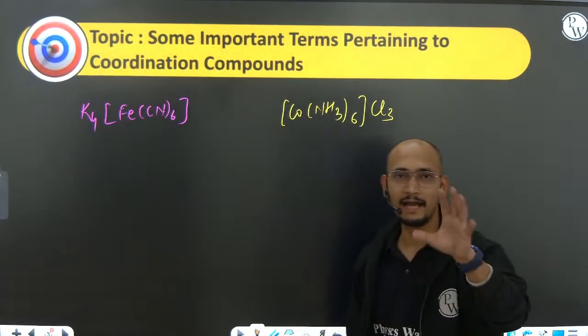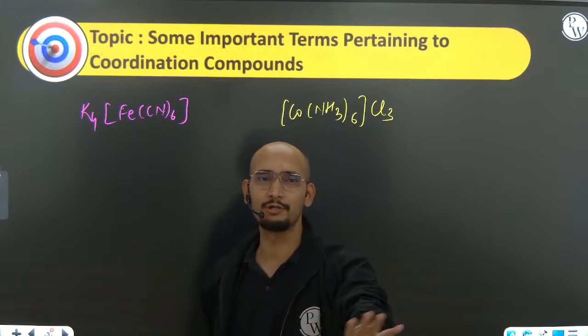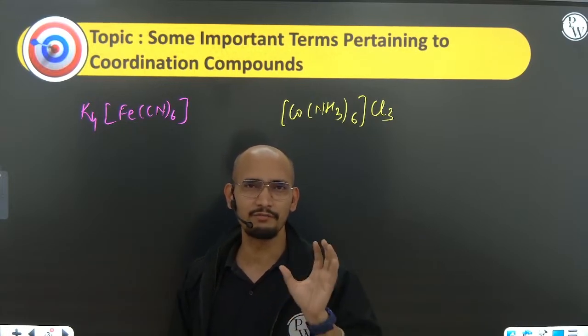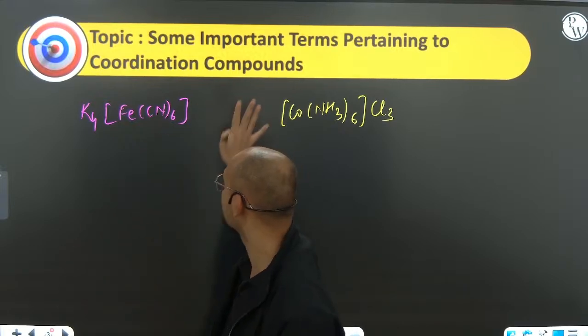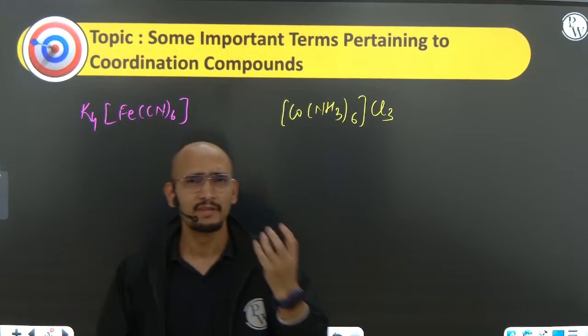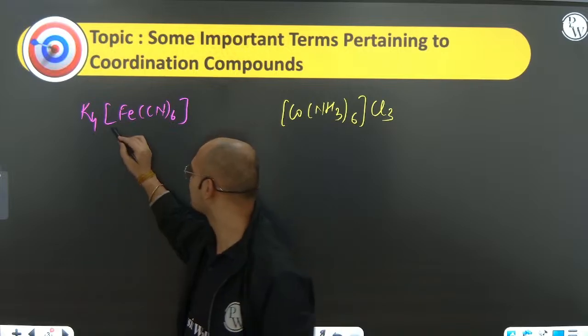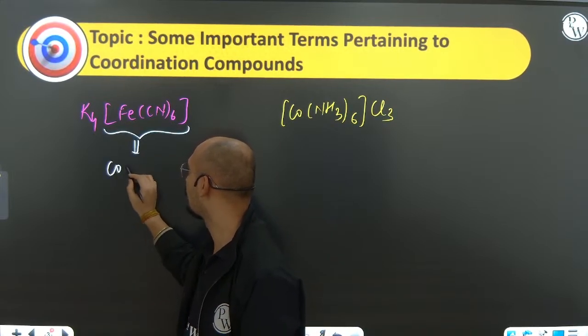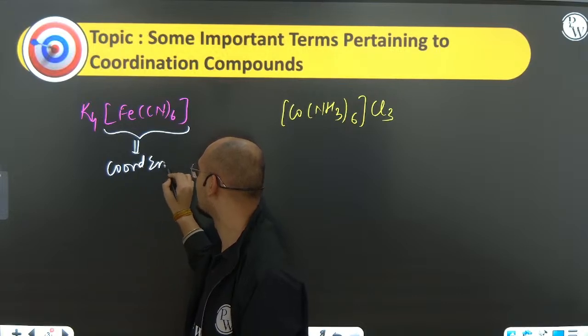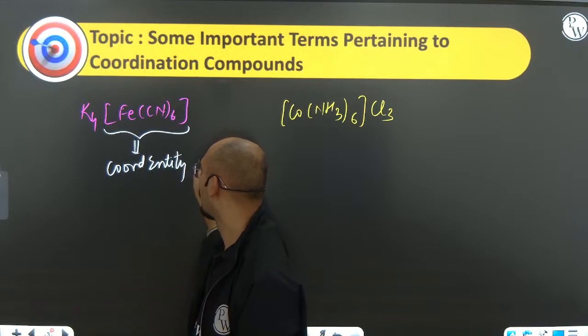I'm not going to talk much about the theories, the basics of Werner's theory, so I will complete these here only while talking about some important terms. First, what are the important terms? Whatever is inside the bracket is called the coordination entity, or coordination sphere.